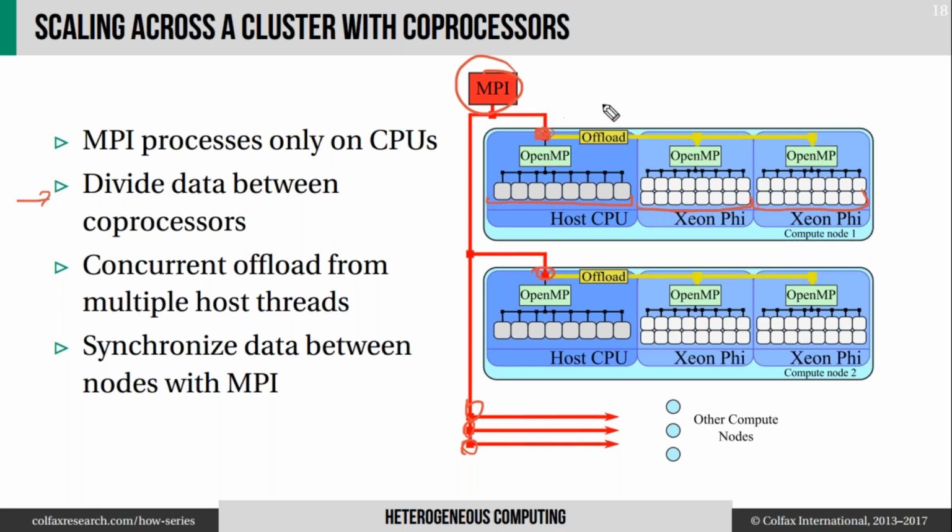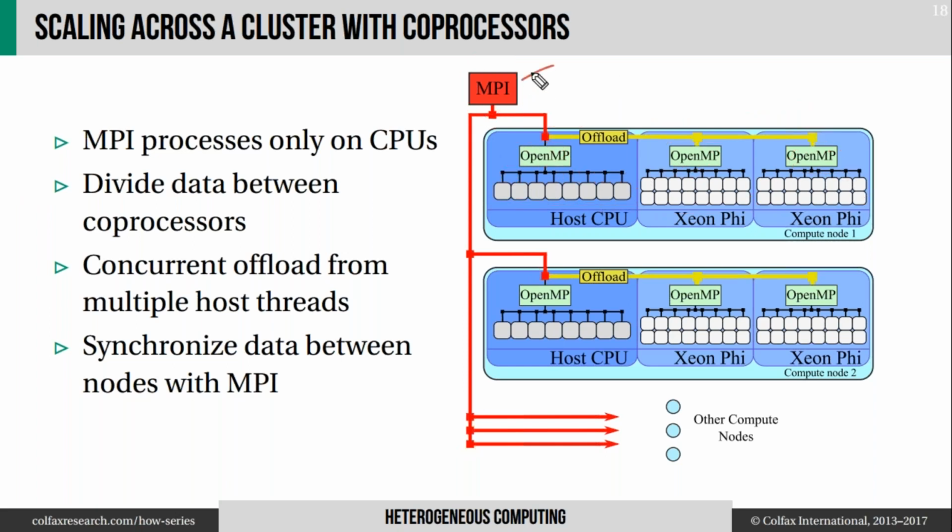For that, you will need two additional frameworks. One framework is offload. With offload, you will insert directives to move a part of the calculation to coprocessors. And the second framework that you will need is OpenMP. OpenMP will produce threads that will occupy multiple cores in your hosts or coprocessors.